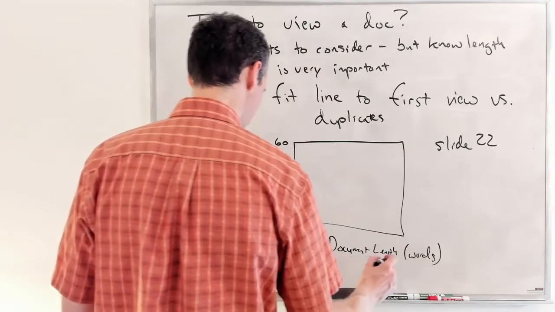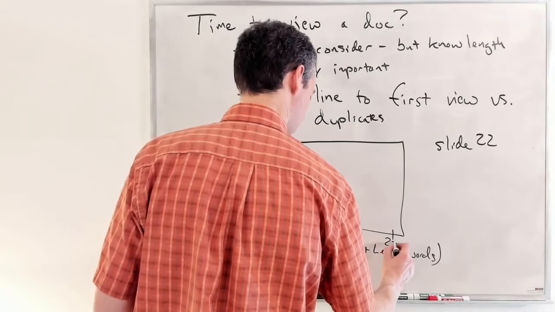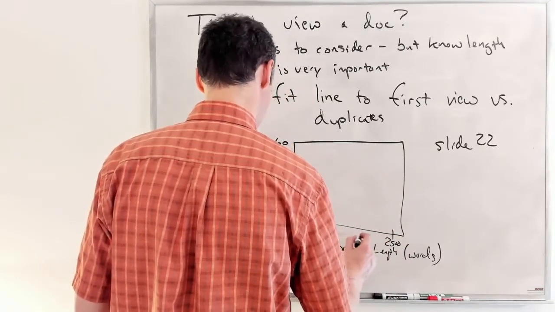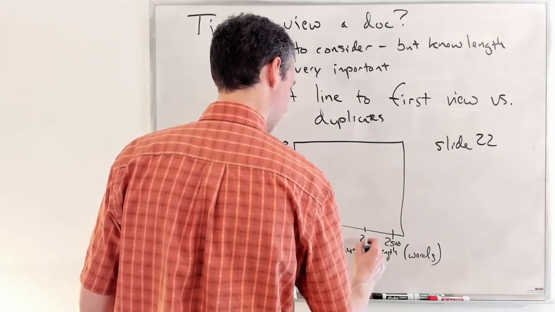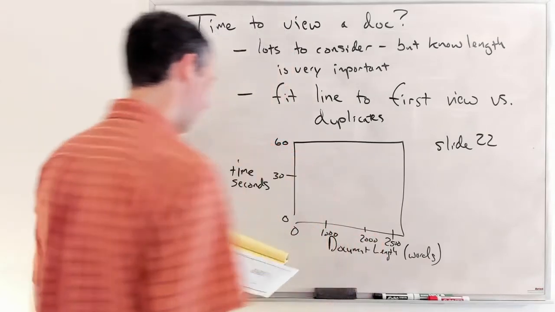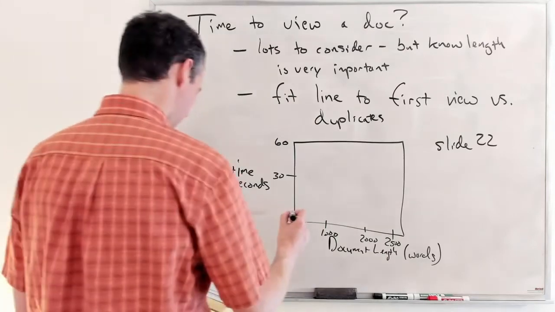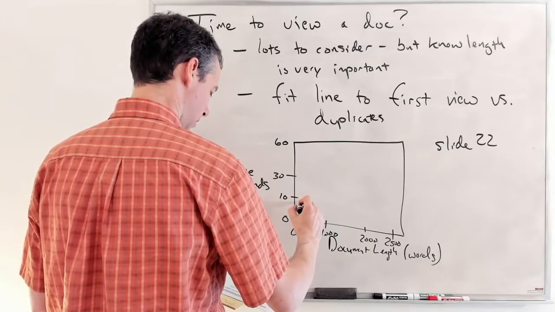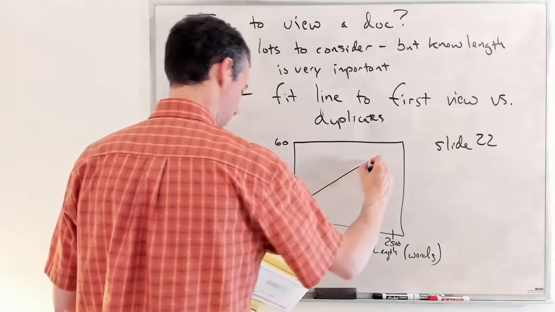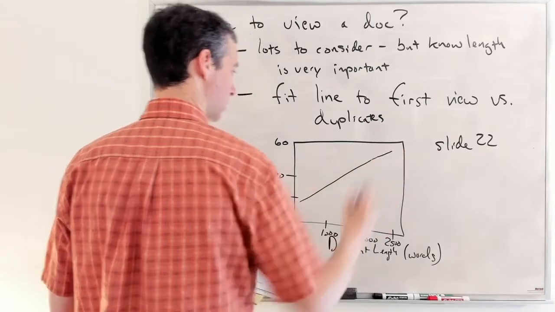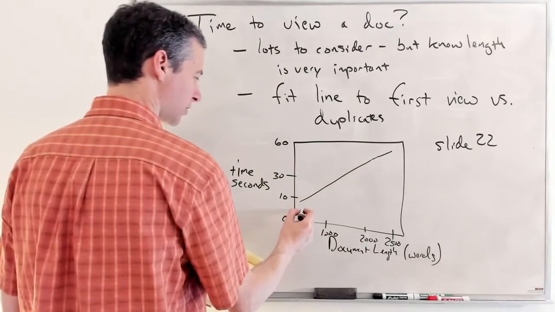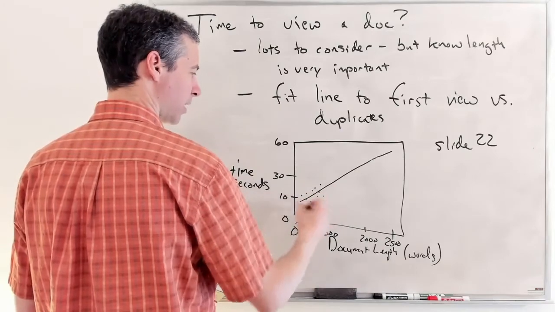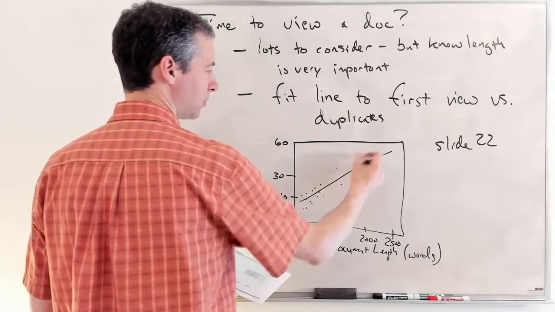There are some really long documents in the collection, 2,500 words. So we can look at these. But basically what we see is largely a line that when fit is about like this. And of course you'll see the individual points. There are more points for the shorter documents because there are more shorter documents than a few out here.